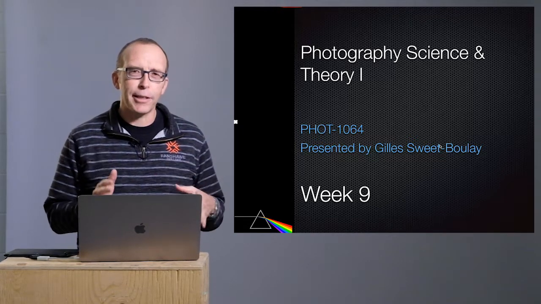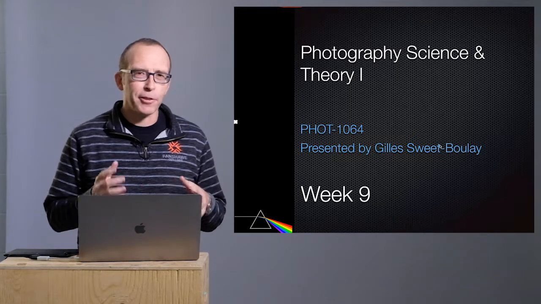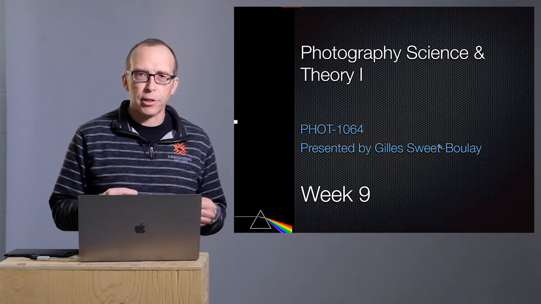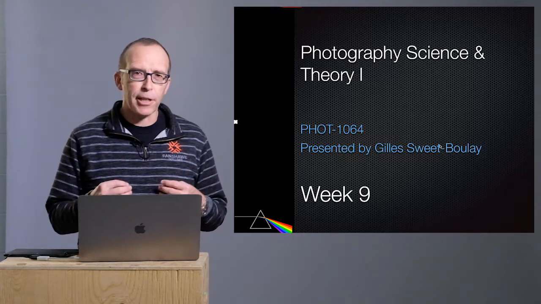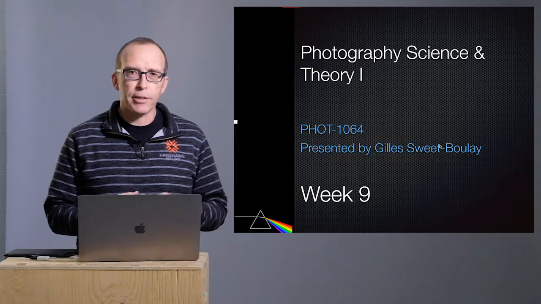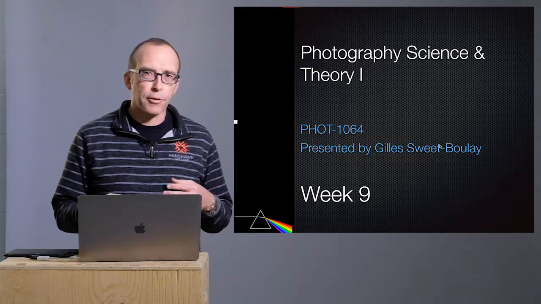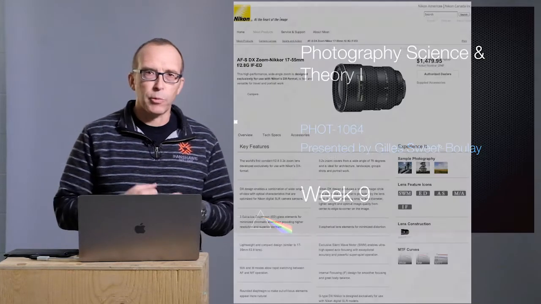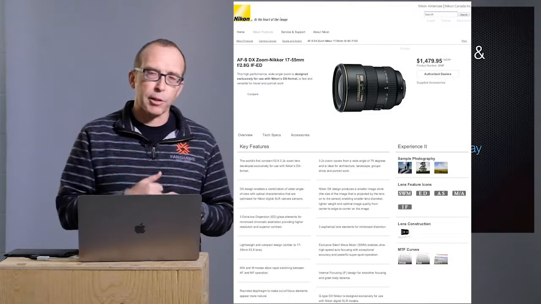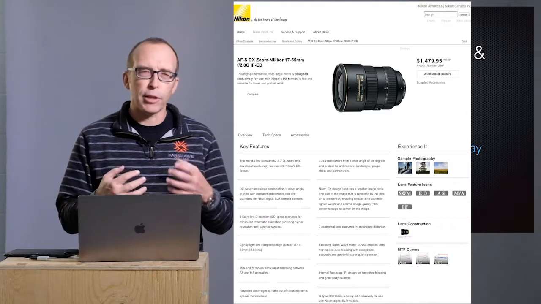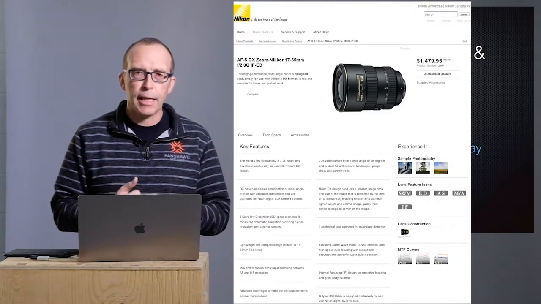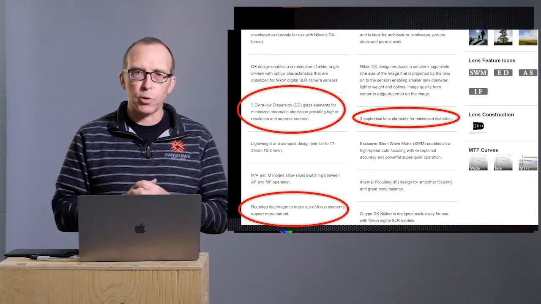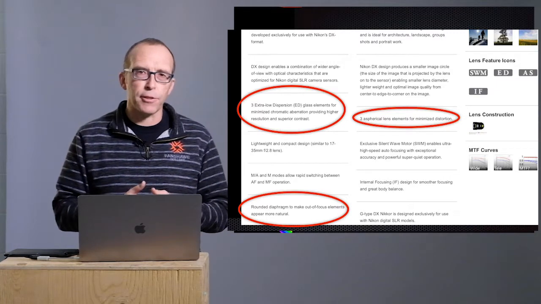We are now on week 9, and this is probably one of my favorite parts of the course. This is where we talk about some of the challenges that lens designers face when they design a lens. Some of these problems are things we should know about as photographers, so that when we go shopping for a lens and read that spec sheet we talked about last week, you'll see that it lists some of those problems that lens designers face.